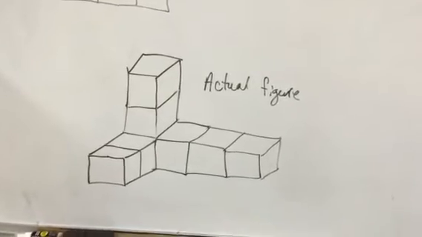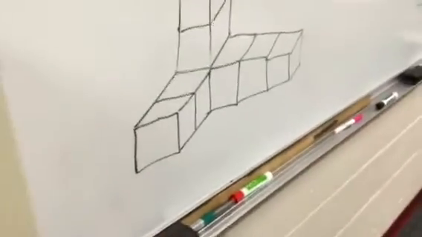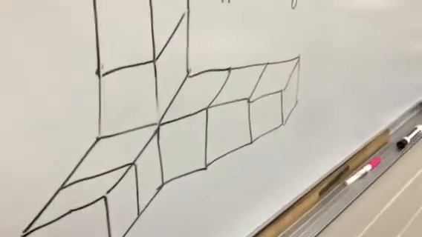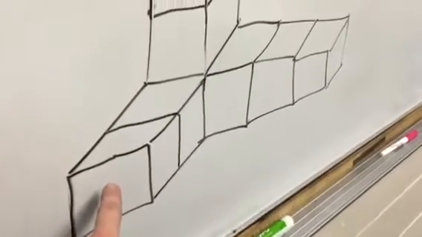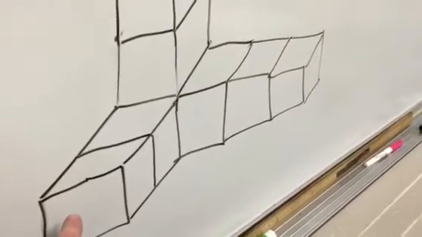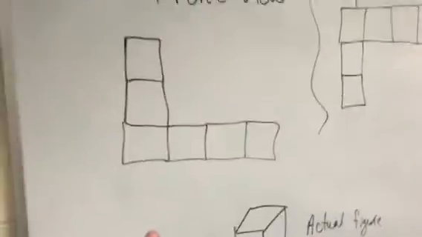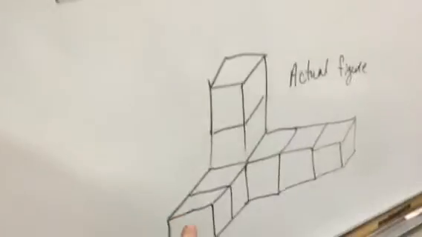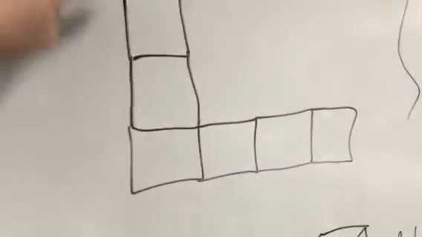And the way we get that, the front view comes from this angle, straight onto the front of it. And so what we see when we're looking at the front view is this tower right here, and that's matched up right here with this tower.